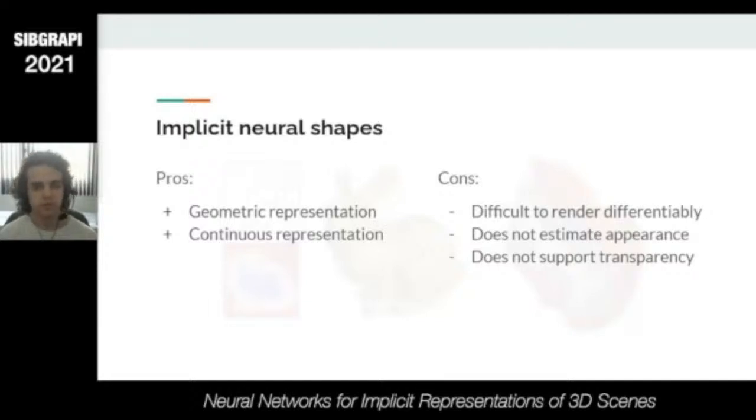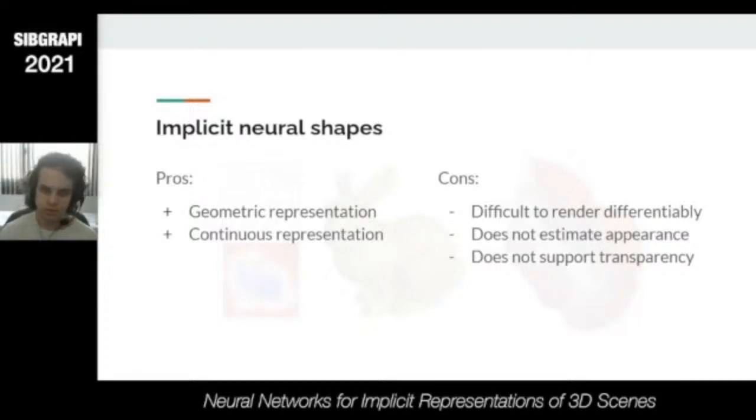This is very good in some aspects. It's an inherently geometric representation, so it's very useful if you want to extract geometry from such a representation, because you can basically run a marching cubes algorithm on top of your result, and you have a mesh that you can work with other algorithms. But in this context, it's not ideal because it's very hard to optimize from ground truth images.